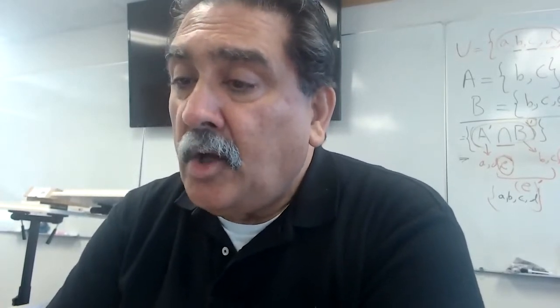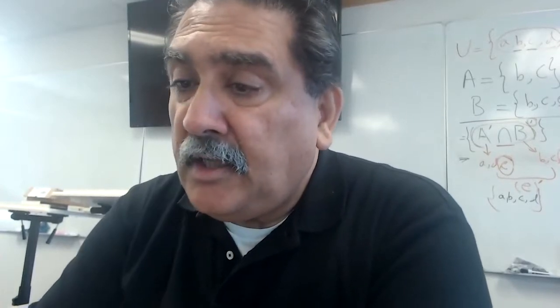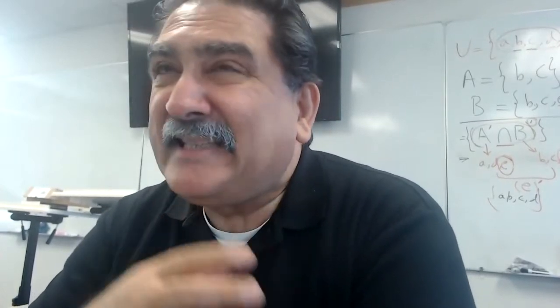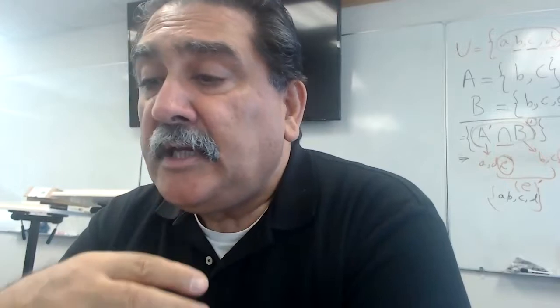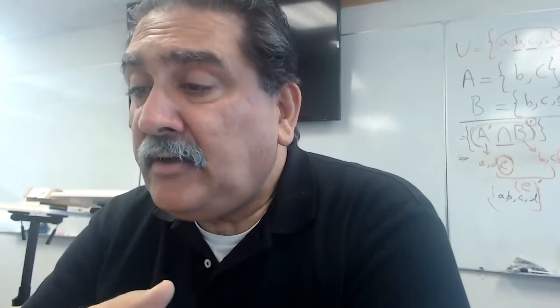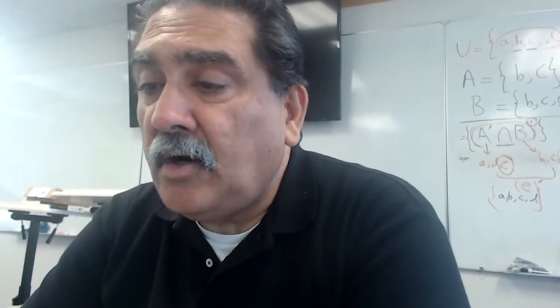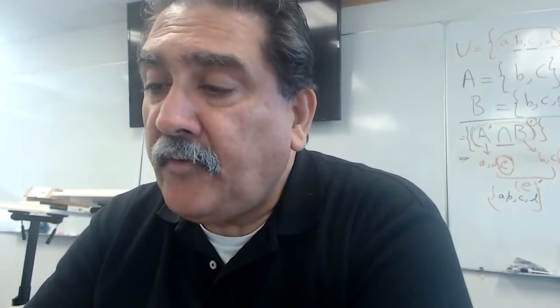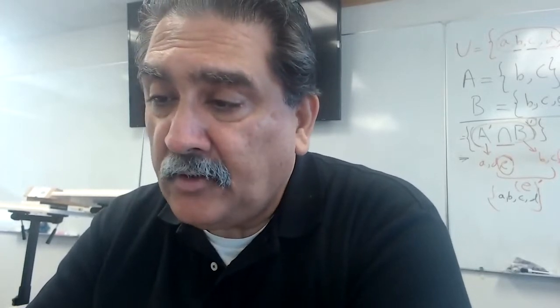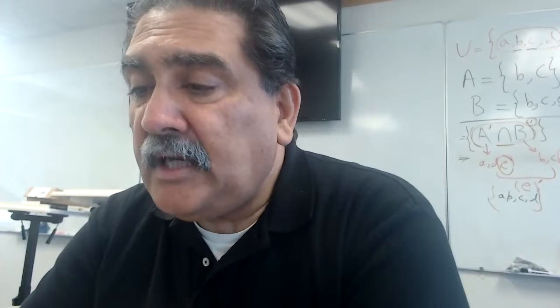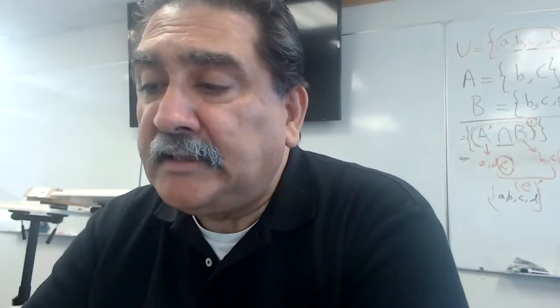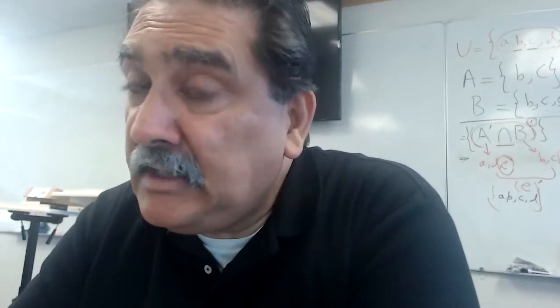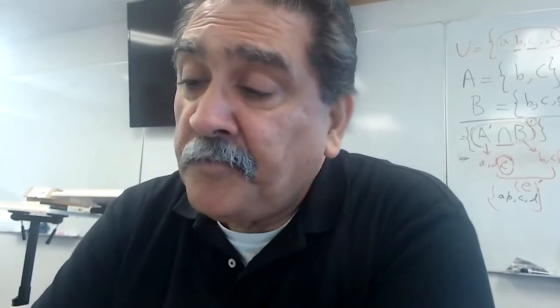Okay, the divisors of 12, meaning the numbers that 12 can be divided by without any remainder, are 1, 2, 3, 4, 6, and 12. The divisors of 18 are 1, 2, 3, 6, 9, and 18. As you can see, these are in your PowerPoint.